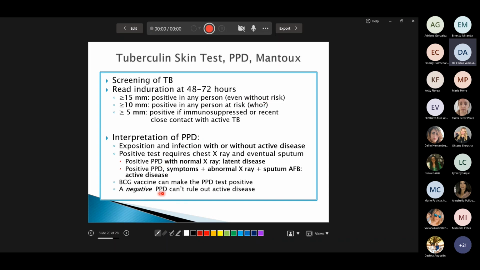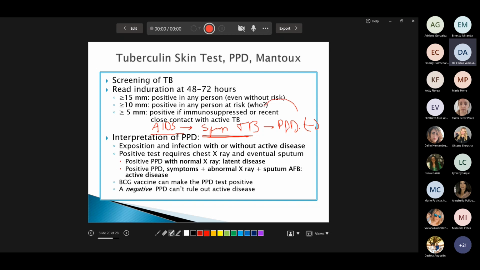Another question. You have a person very, very sick, has AIDS, is severely immune suppressed, and has all the symptoms of tuberculosis, but the PPD is negative.